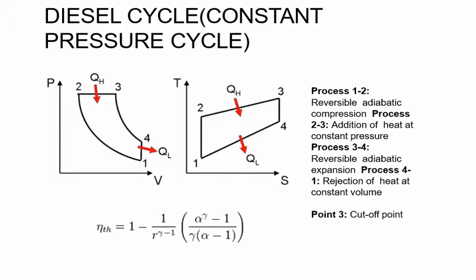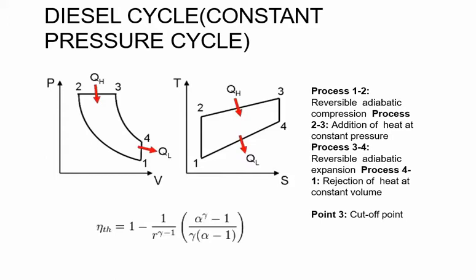The net work done will be counted as Q in minus Q out. The net work produced is also represented by the area enclosed by the cycle on the PV diagram.